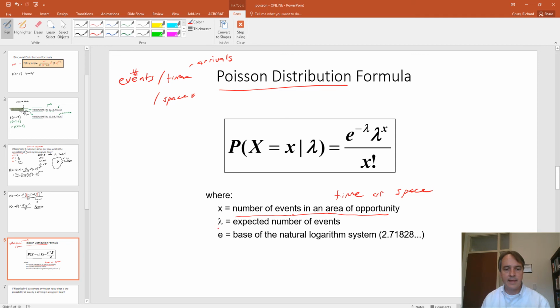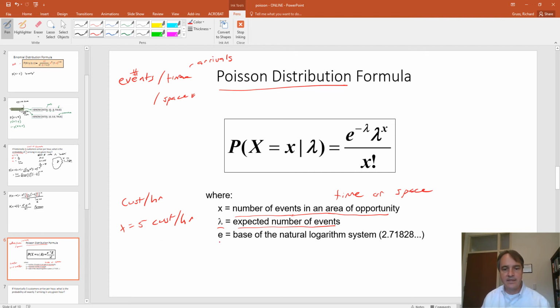Okay, and lambda, as we said, was the expected number of events. So in our example, we were looking at customers per hour, right? And so we said lambda was equal to 5 customers per hour. So given that we have 5 per hour, what's the probability that there will be 7?